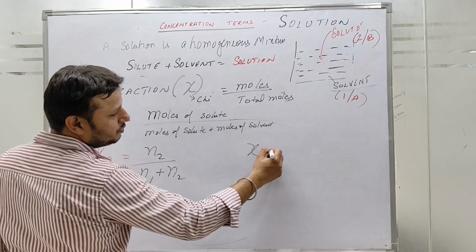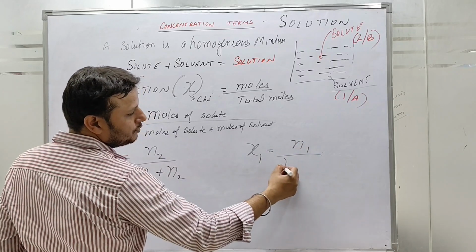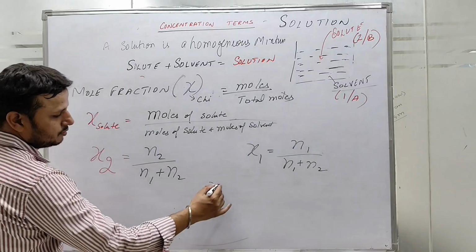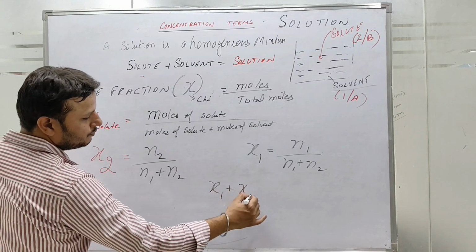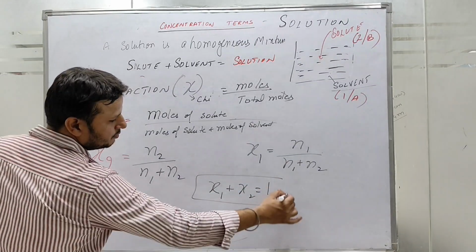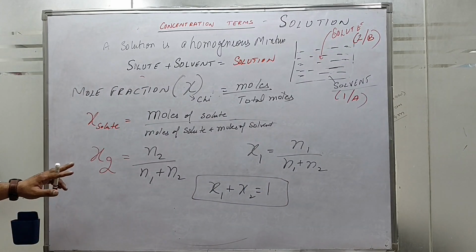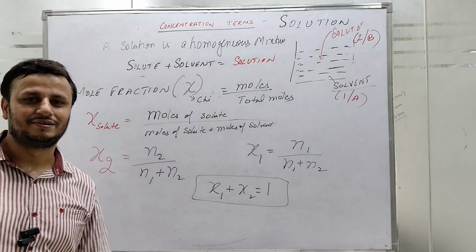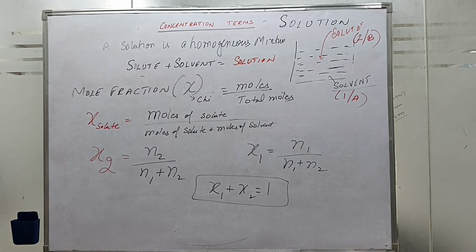Mole fraction of solvent is equal to moles of solvent by total moles. The maximum value of mole fraction is 1. X1 plus X2 equals 1. This is also a very important term.